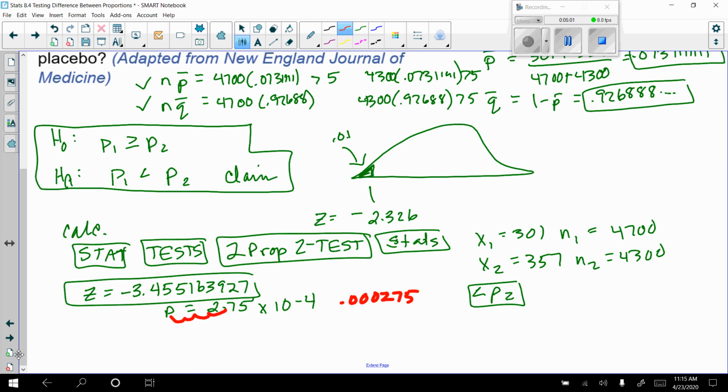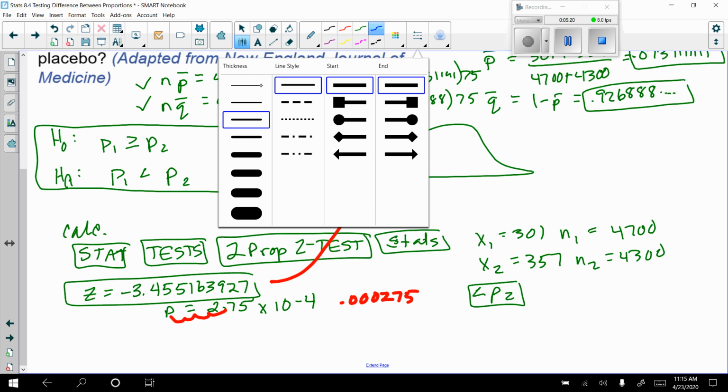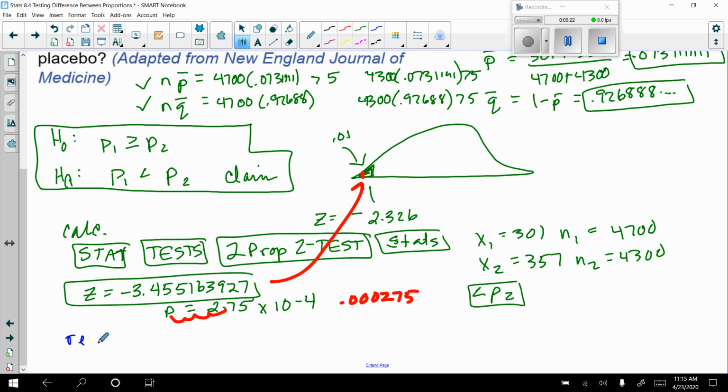That's a really small p-value. Therefore, since this z-score is well within that region, we can reject the null hypothesis.